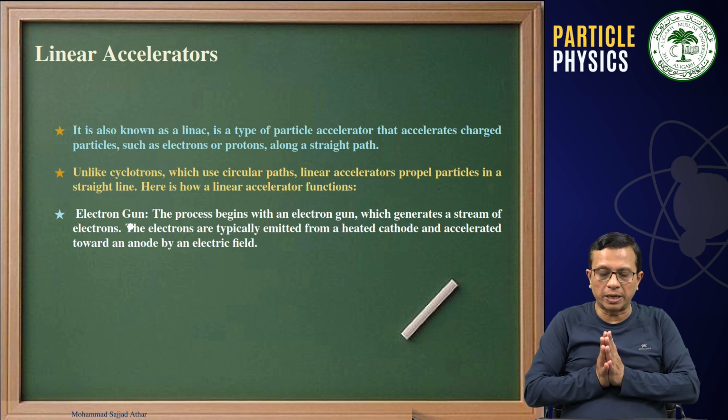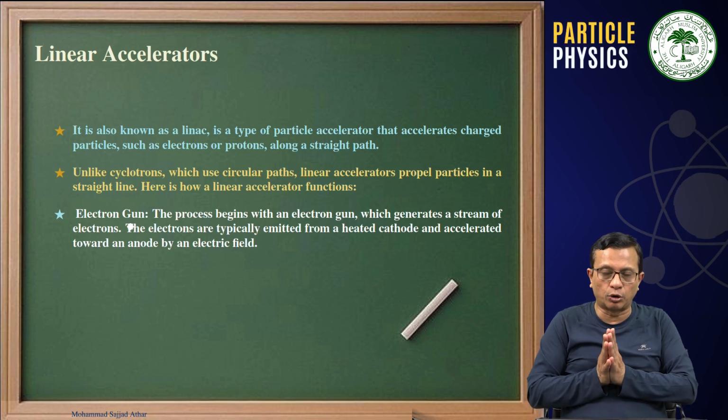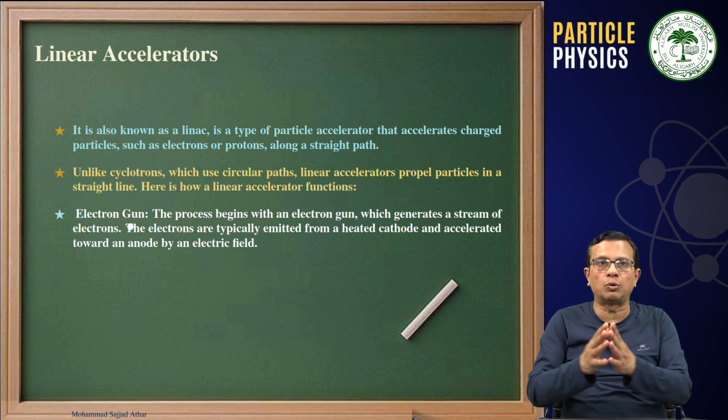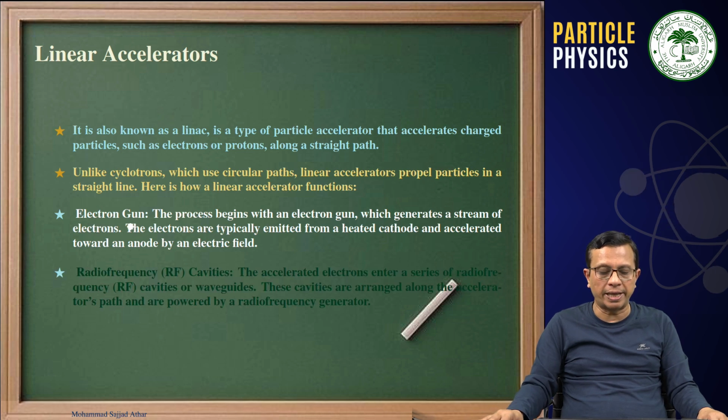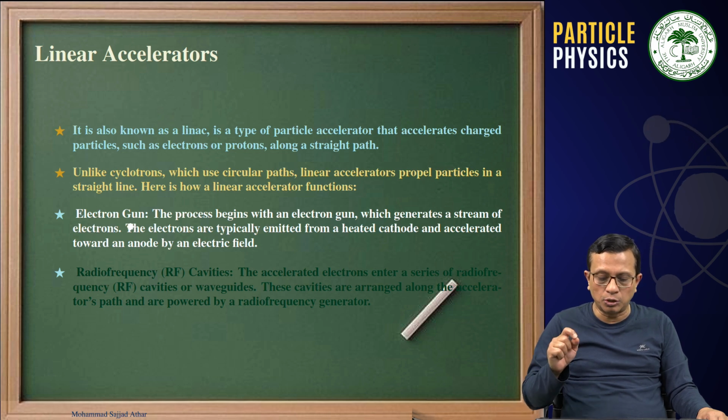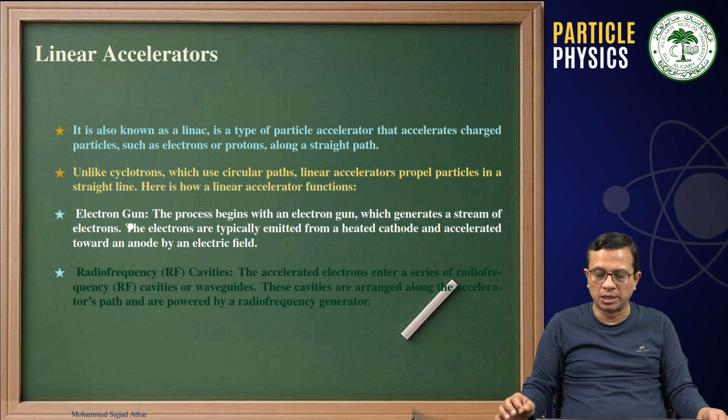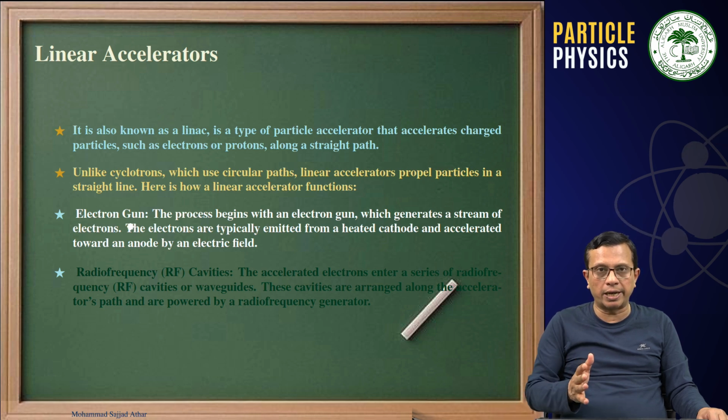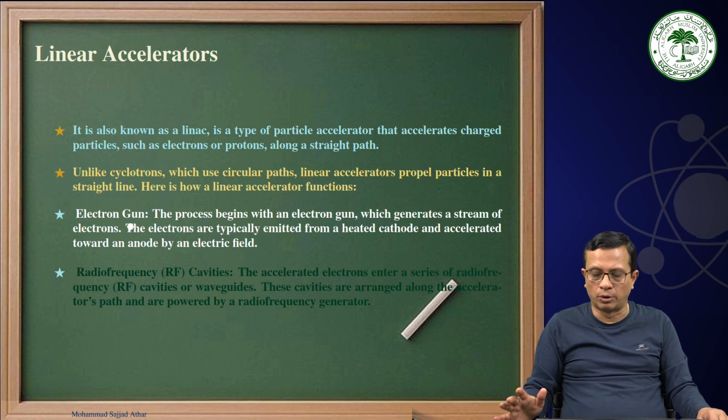The electrons are typically emitted from a heated cathode, for example, and accelerated towards the anode by applying an electric field. Then you have radio frequency cavities. These cavities are used to accelerate electrons. These accelerated electrons enter the radio frequency cavities or waveguides.